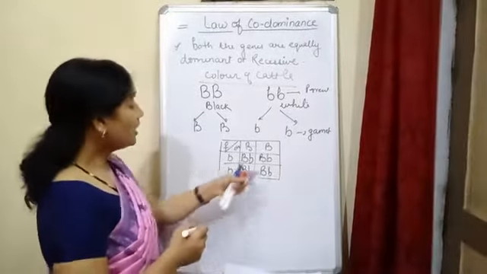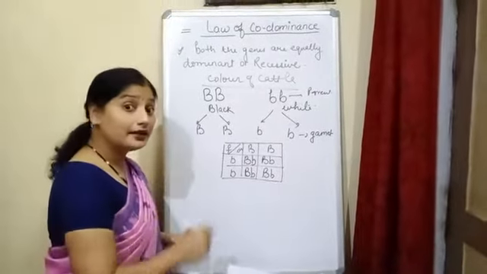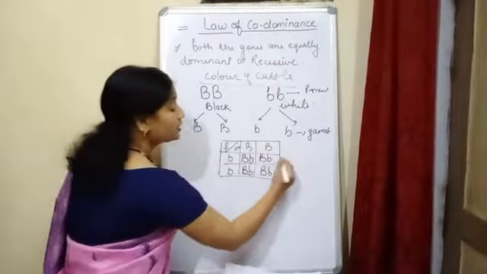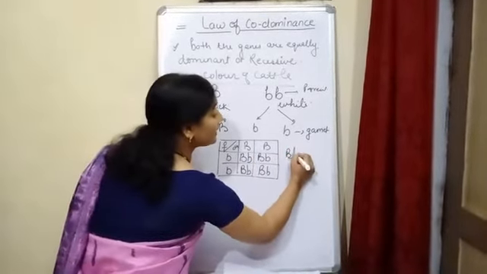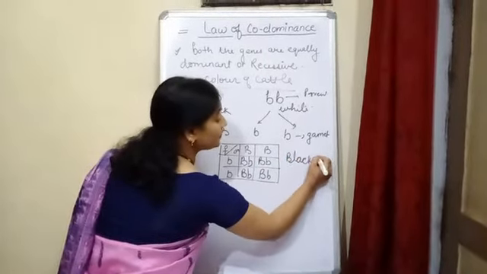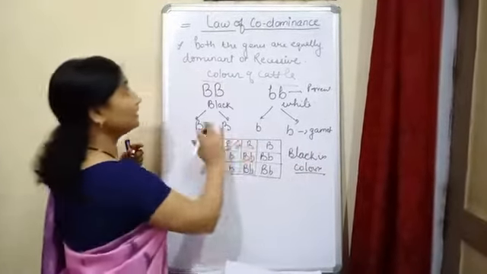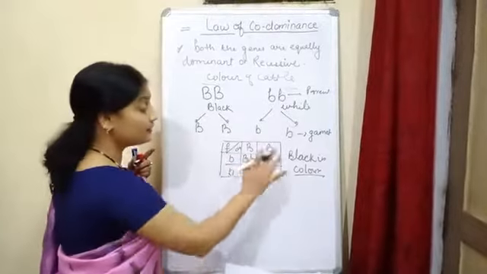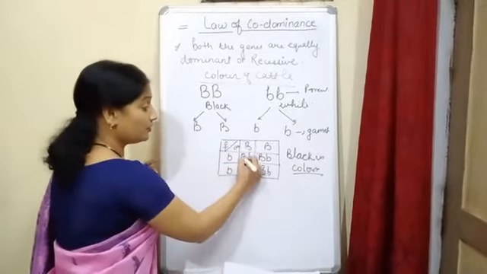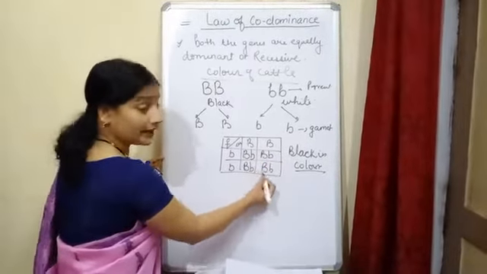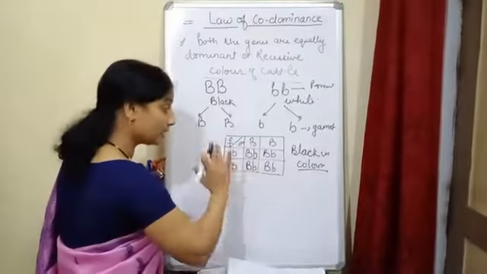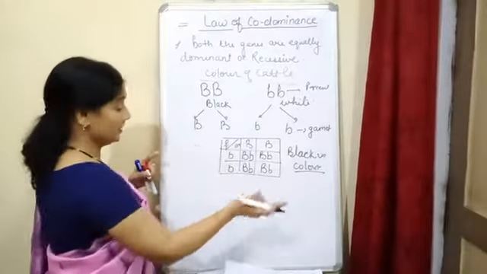Now see, according to Mendel's law, each should be black in color. Now here you will understand the difference between the law of dominance and Mendel's law. According to Mendel, it should be black, black, black and black. But what was the variation?